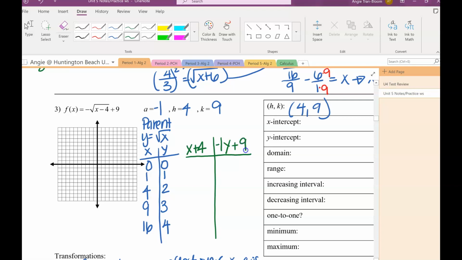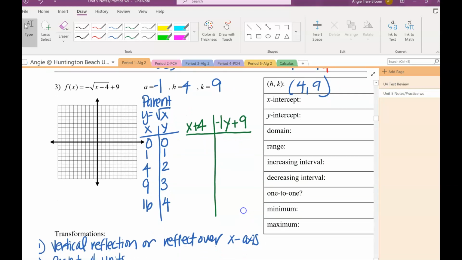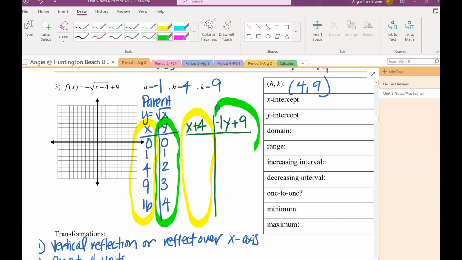The k is going to be 9. That's a vertical translation up 9 units. So anytime you're doing anything vertical, it's going to change the y. Again, I want you to take a minute, take all the original x values, add 4, take all of the parent function y values, and transform them by multiplying by a and adding 9.